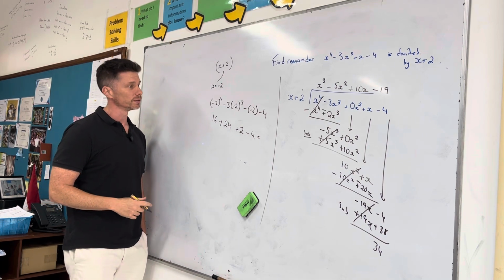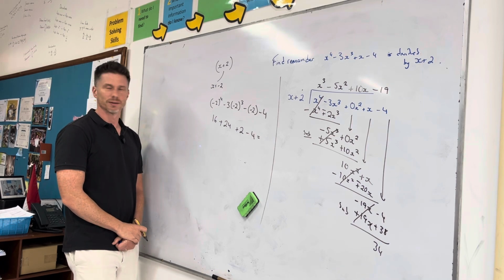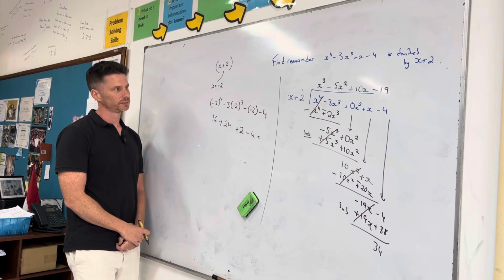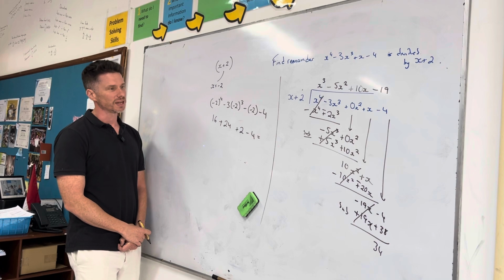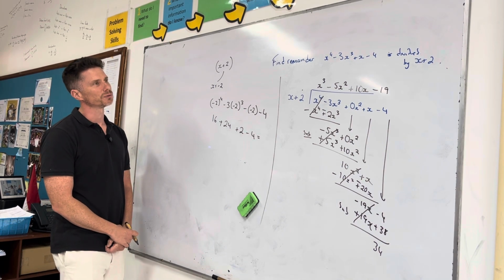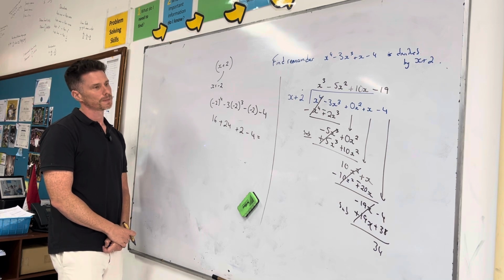What number is it giving though? 38? 38. Gives us 38. Oh, it should give 34. Sorry, did we do something? Oh, we made a mistake. We got 38. What's the mistake?